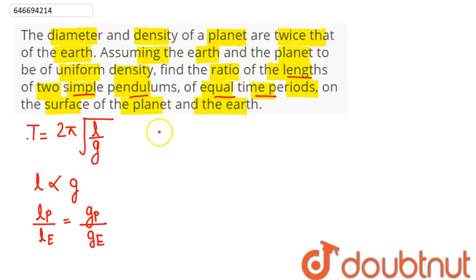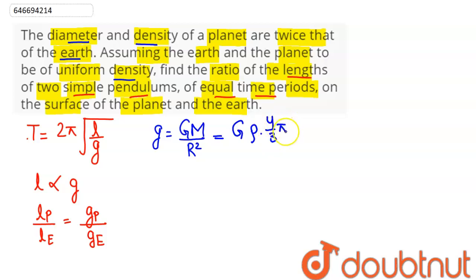And as we know, acceleration due to gravity is given as GM divided by r square. So here it says diameter and density are twice that of the Earth. Expressing in terms of density and radius, this mass can be written as density into volume.